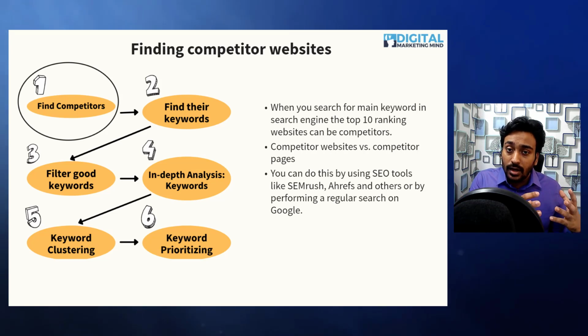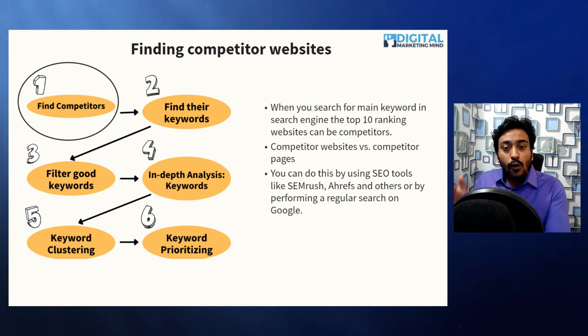If it's a competitor website, you can get keywords from any of their web pages, but if it's a competing web page, then you should only get the competitor keywords from that web page, just to make sure that you don't go out of your industry or get any unrelated keywords into your keyword research process.